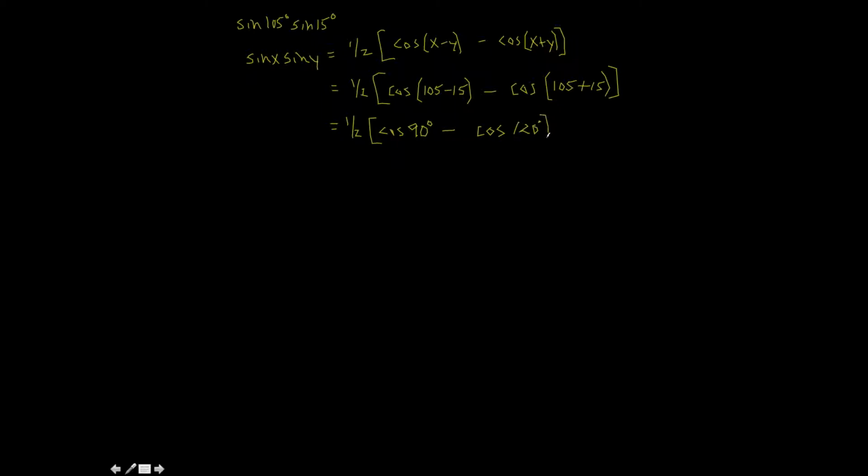Now these are all angles we can find on the unit circle, so that's nice. The cosine of 90 is 0, and the cosine of 120 is negative 1/2. So what we have here is 1/2 times 1/2, because what's inside the bracket simplifies to 1/2, which is 1/4. So the sine of 105 times the sine of 15 equals 1/4.